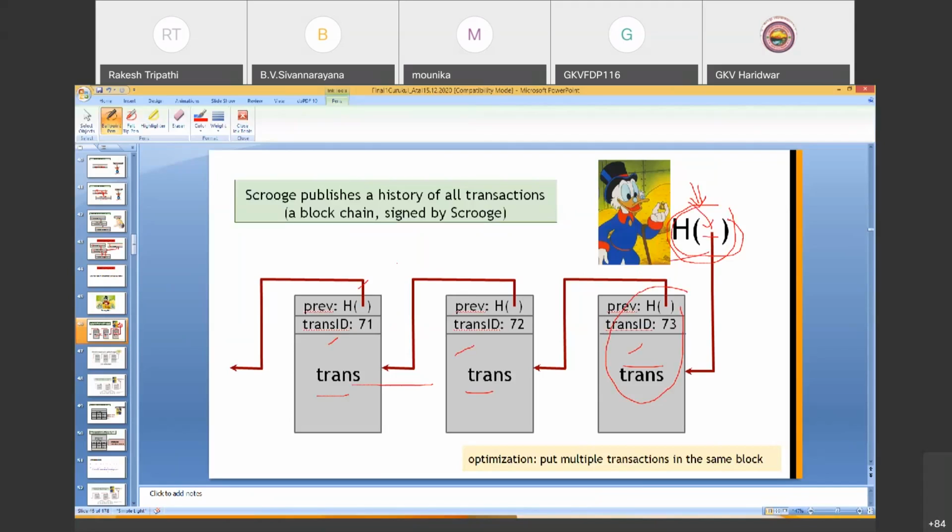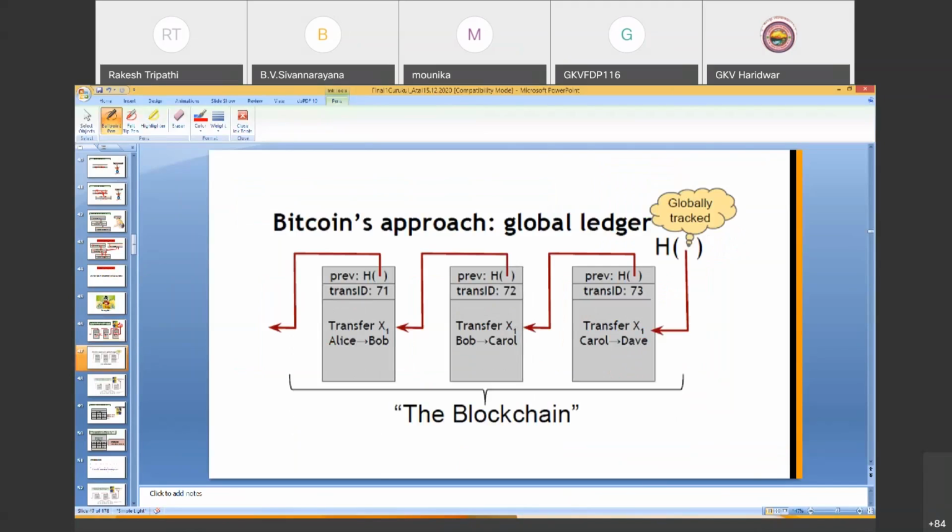Now, if Alice tries to send the same money to Bob and Chuck, she will be caught, because Alice's transaction will be here. Alice has given money to Bob.